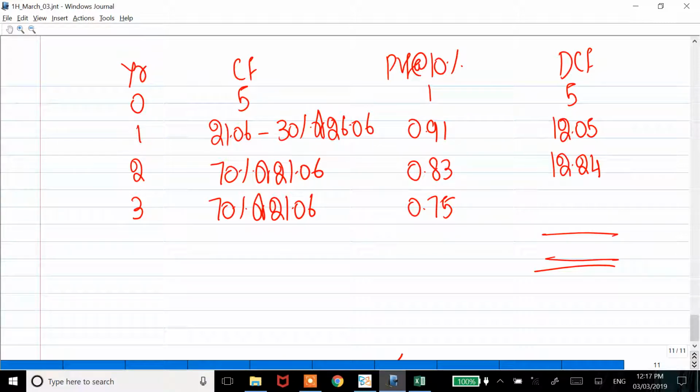Whatever you are getting should be right. Are you getting the same answer? The formula is right, 70% of 21.06 minus 30% of 5.